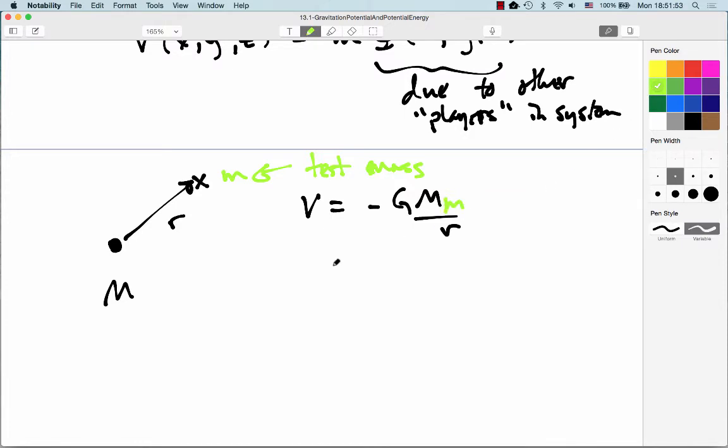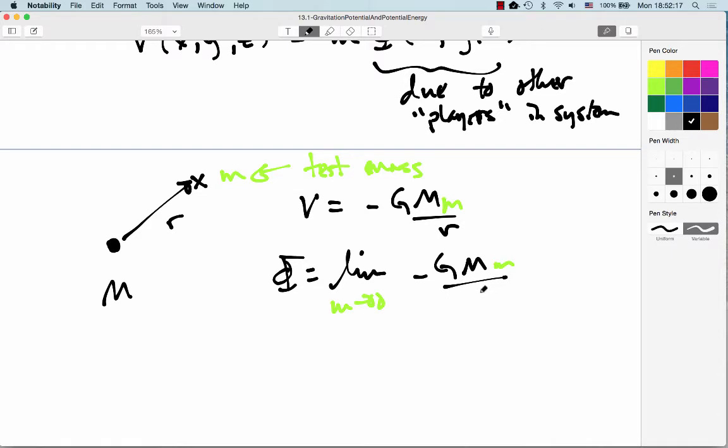green. So then the gravitational potential, phi, would be the limit as my m goes to 0 of minus G M m over r, all divided by m.